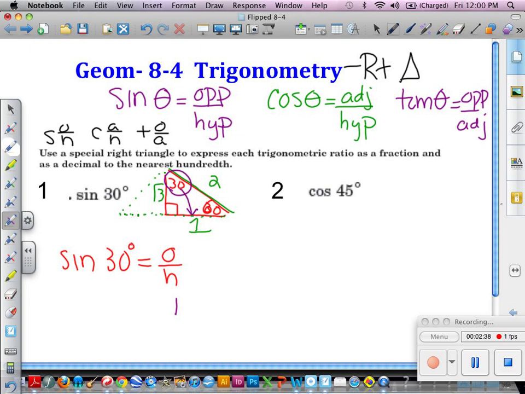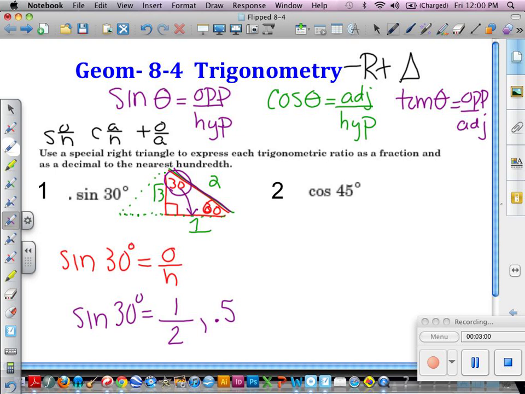And I'm going to look for my hypotenuse, which is 2. So the sine of 30 degrees, that ratio is 1/2. And then they also are asking me to write that as a decimal to the nearest hundredths, which would be 5/10 or 0.5.